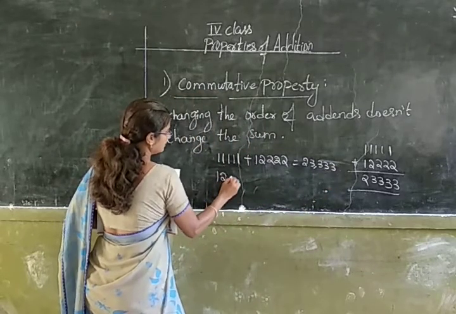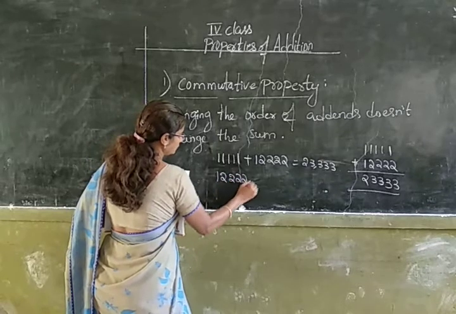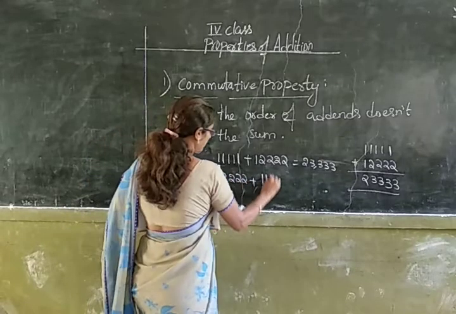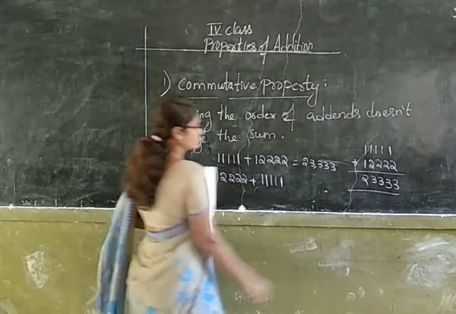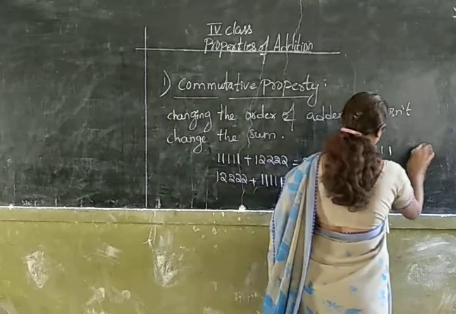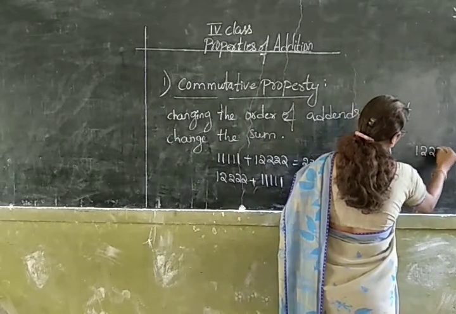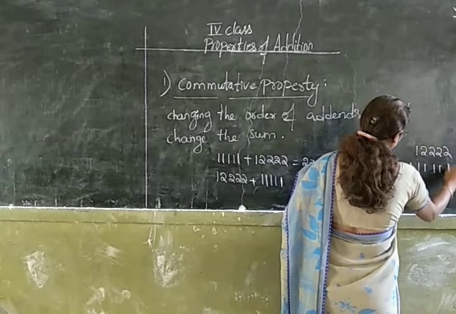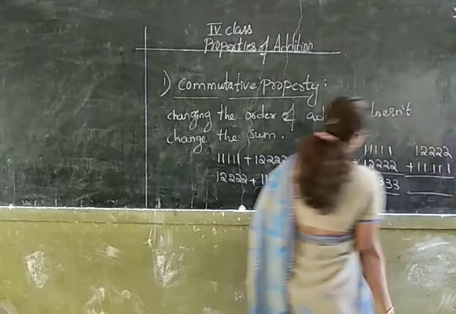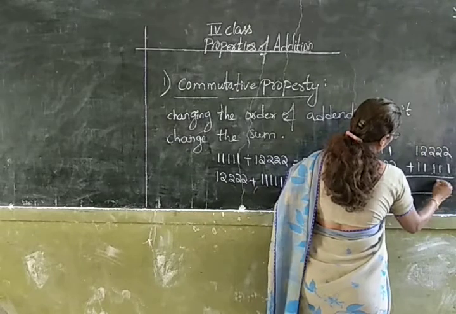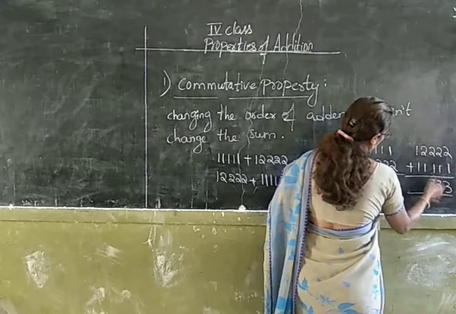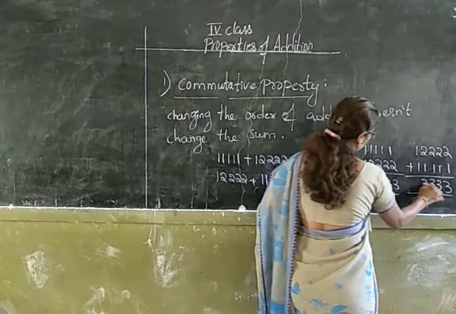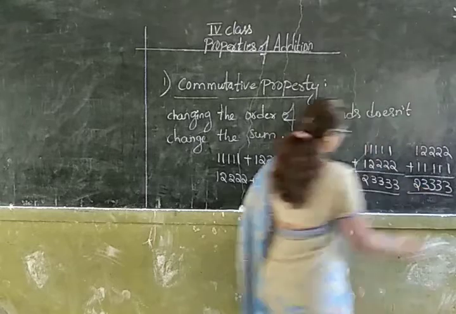Now let us change the order of addends and add. That is 12,222 plus 11,111. Let us see the result. 2 plus 1 is 3, 2 plus 1 is 3, 2 plus 1 is 3, 2 plus 1 is 3 and 1 plus 1 is 2.